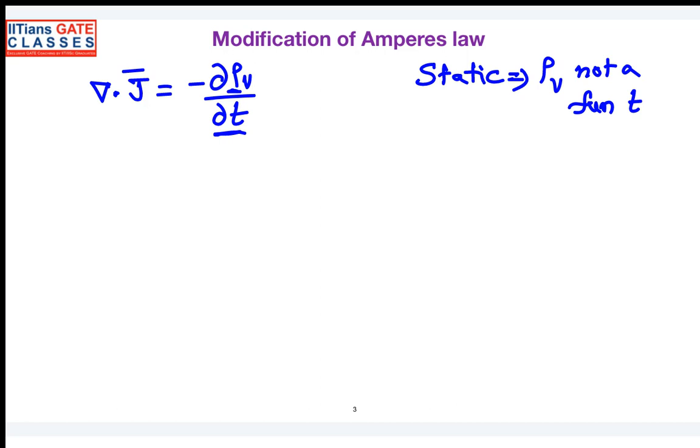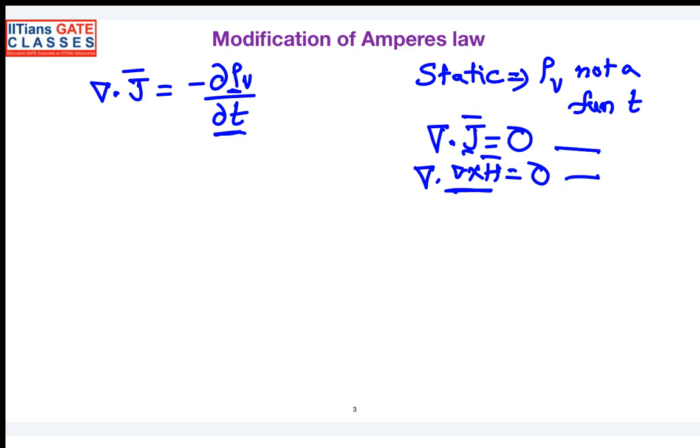That is the reason why, when I was going for static fields, I said that the divergence of the current density will always be 0. And hence, even your Ampere's law is satisfied, because J can be written as curl of H using your Ampere's law. Both are satisfied because your volumetric charge density is constant there.